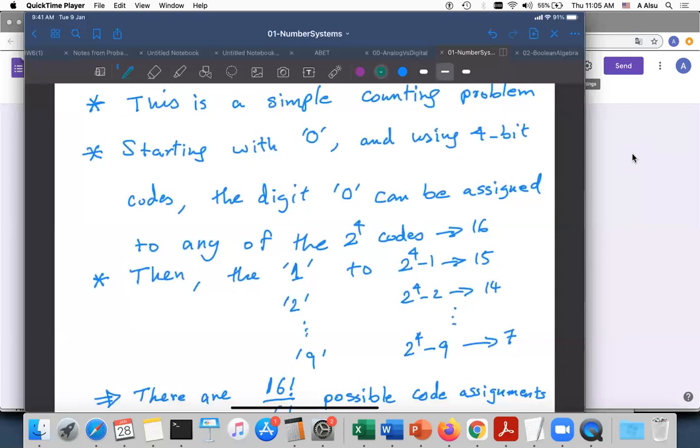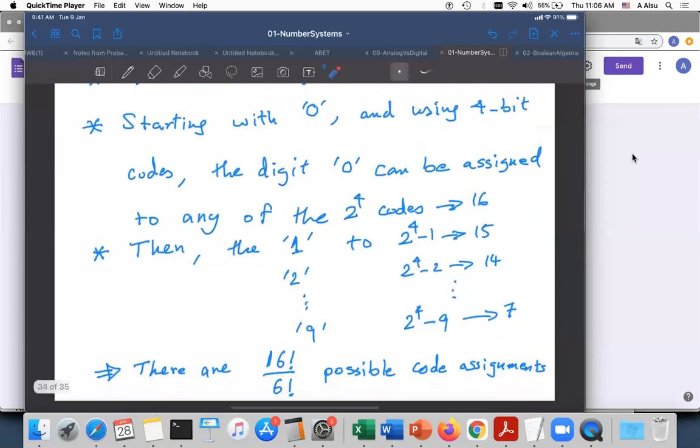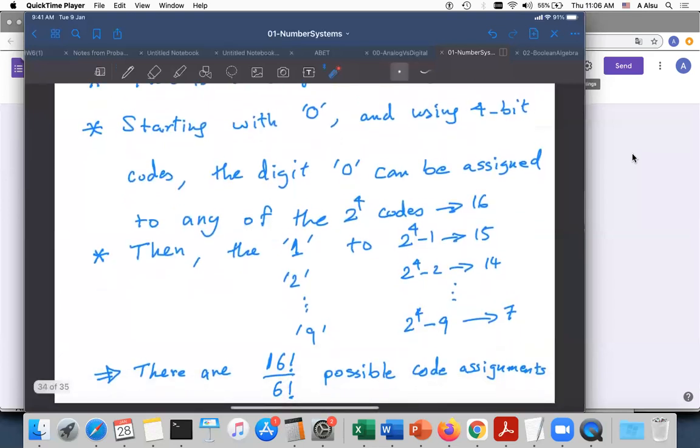So the answer to our question, how many ways can we generate BCD codes for decimal digits, is 16 times 15 times 14 all the way to 7. This equals 16 factorial, but we don't have 6 factorial here, so we divide by 6 factorial to get rid of it.